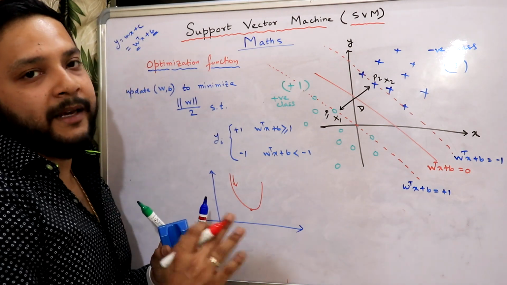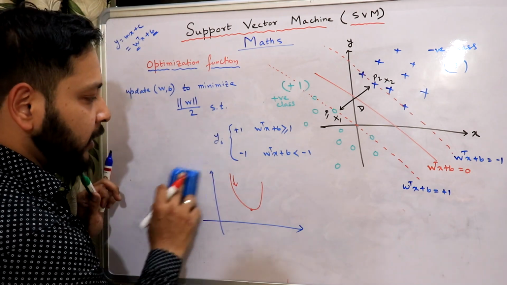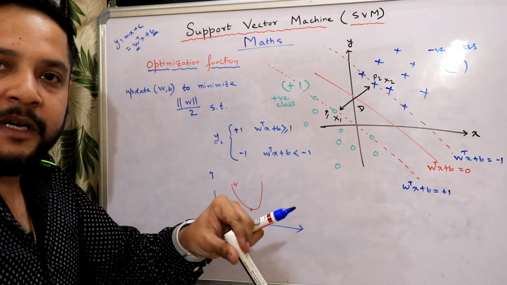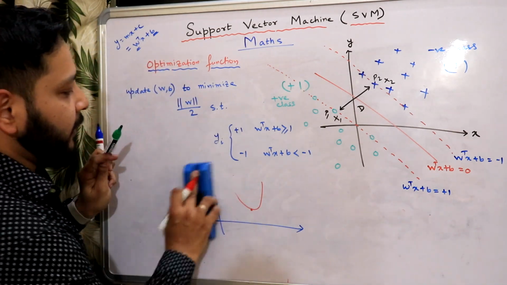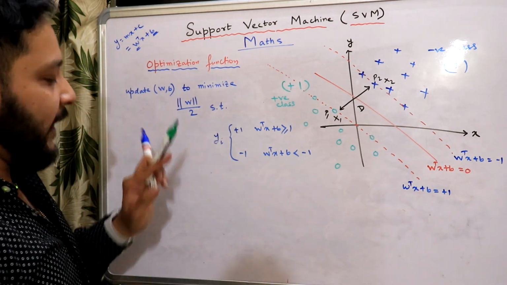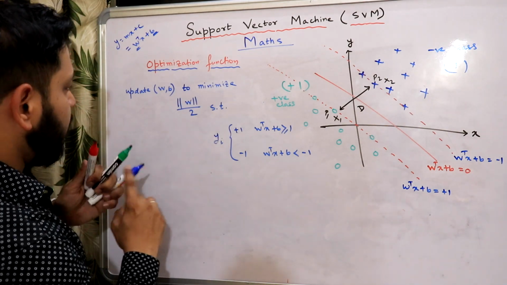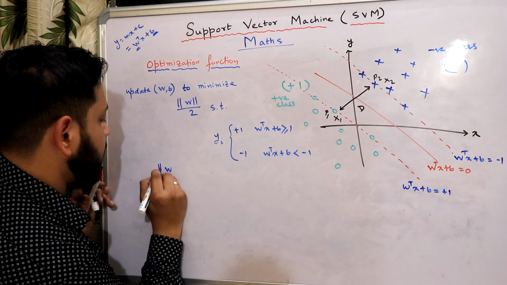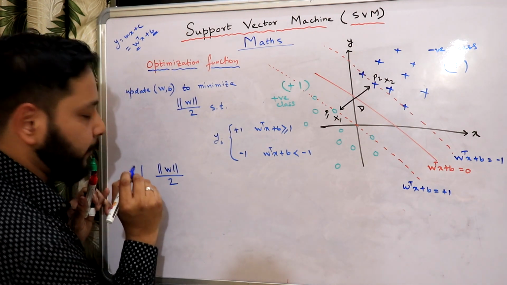I will explain the concept of cost function and error later on, but for the time being, know that in gradient descent we try to converge to the minimum point, and for this convergence, going down, you are taking the minimum value. So we have to minimize this function.